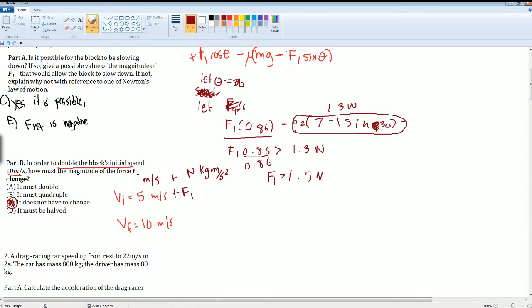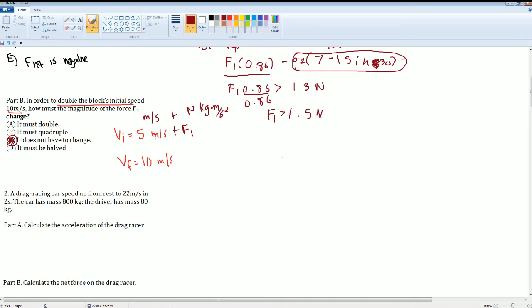To double the block's initial speed, you might put it on a ramp, because now it has more gravitational potential. But for the sake of this question, you couldn't. So that's why it doesn't change. The force can't really change the block's initial speed anyway.